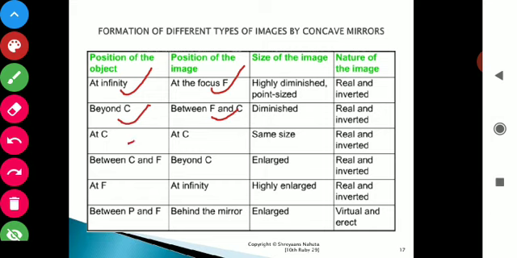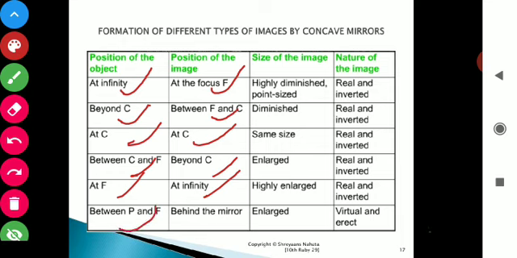Similarly, in the third case, the object and the image both are at the same position. In the fourth case, the object is between C and F, means between center of curvature and focus, and the image is beyond C. When the object is placed at focus, then the image position will be at infinity.